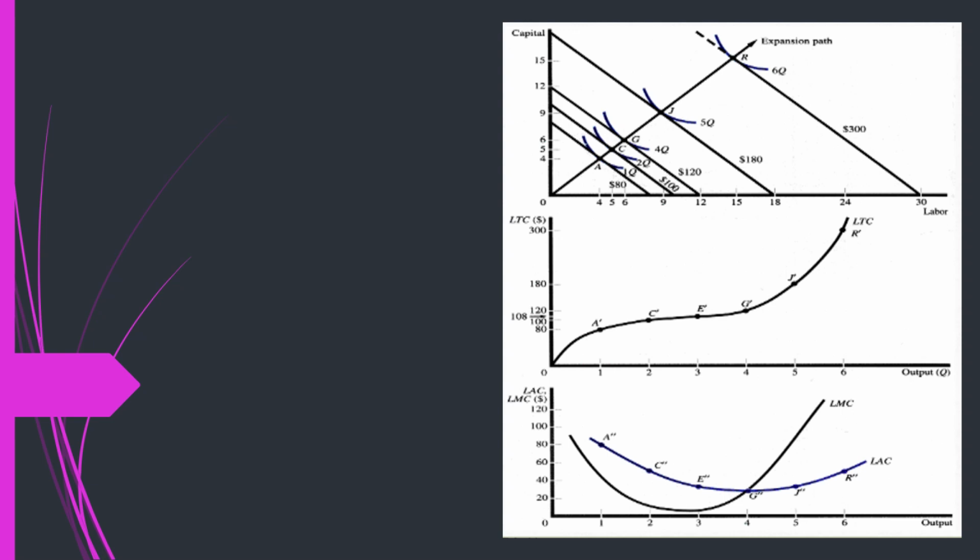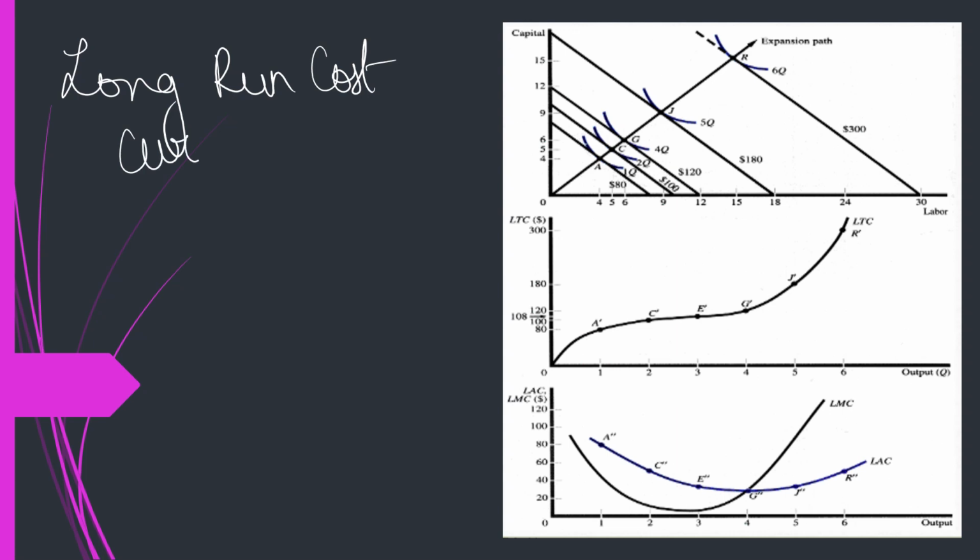This is what is known as the long run cost curve. We studied this earlier. What are these lines called? Anyone? Isocost lines.